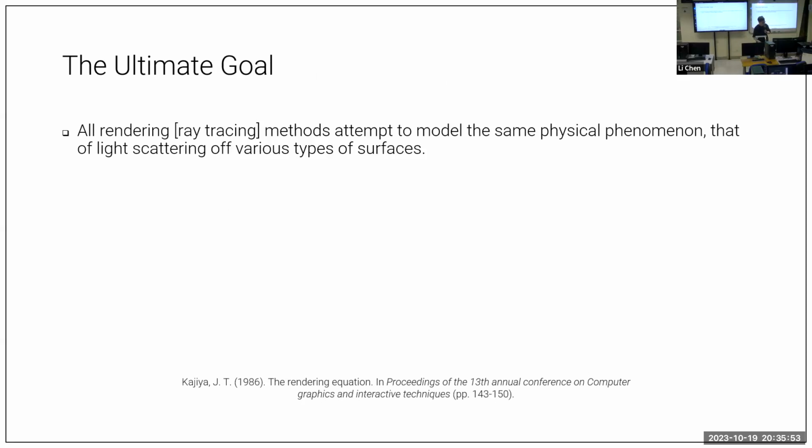The ultimate goal is that all ray tracing rendering methods attempt to model the same physical phenomenon, that of light scattering off various types of surfaces. All ray tracing algorithms try to do the same thing.